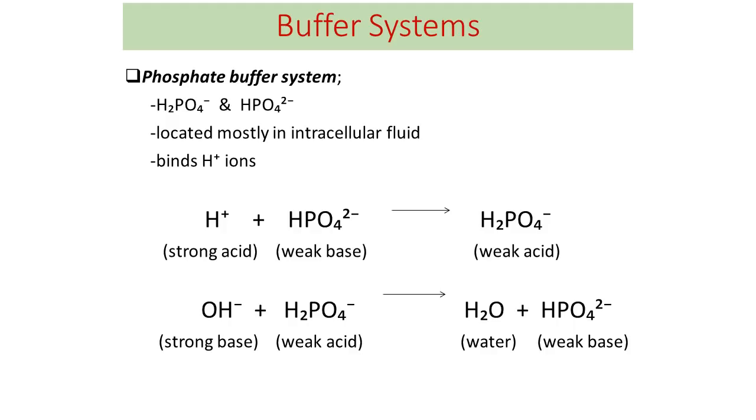So we've gone from a strong base to a weak base. So in this case we've made the fluids more acidic. So in this way we're trying to again get that homeostatic range of 7.35 to 7.45, whether we have to make it more acidic or more basic to get to that range.